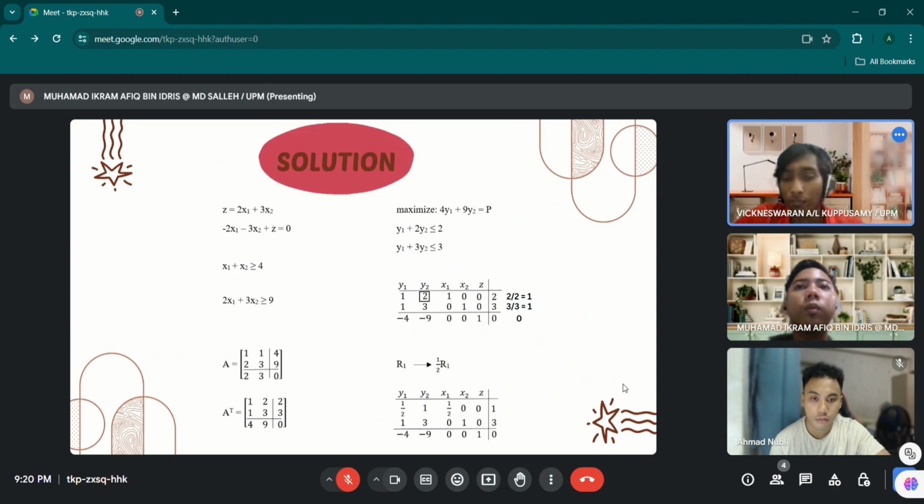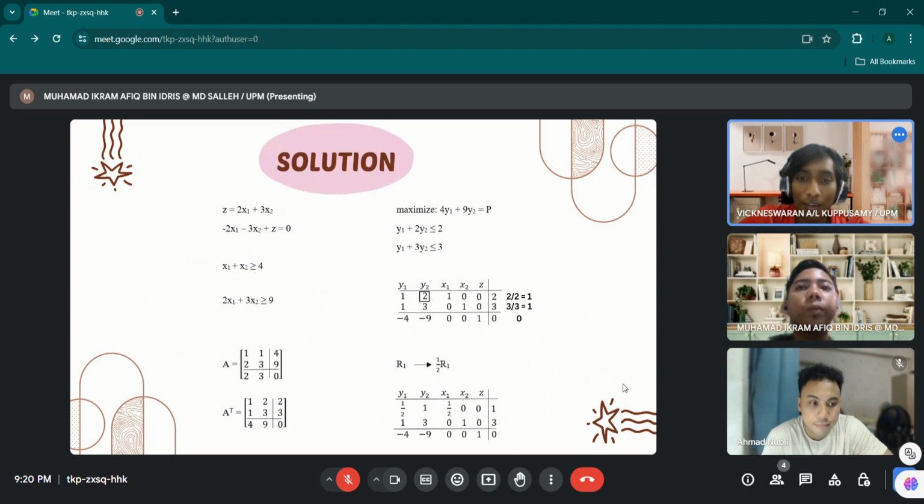Since we have chosen that, the y2 value of 2 will be selected, and we have to do the ERO, which is elementary row operation, to proceed to the next step. The step here is to make the 2 at row 1 and column 2 become 1.